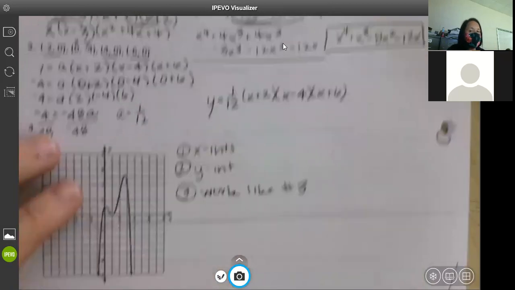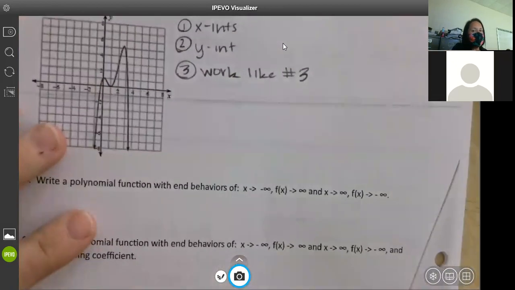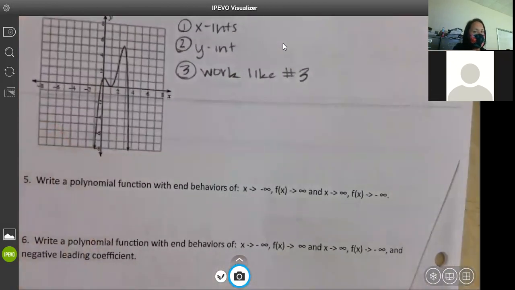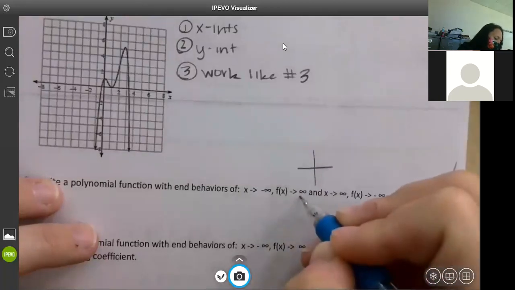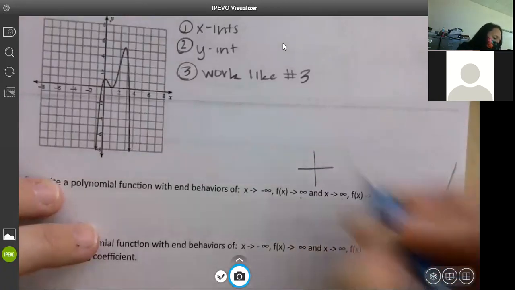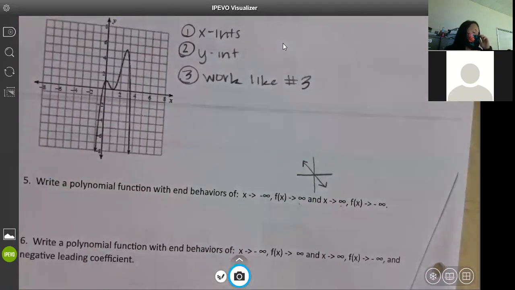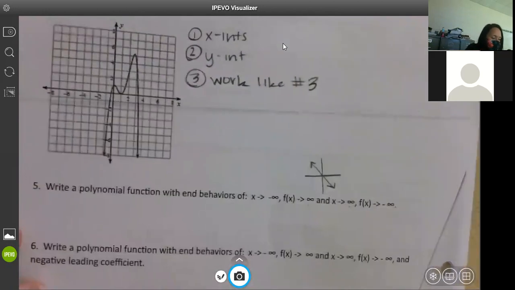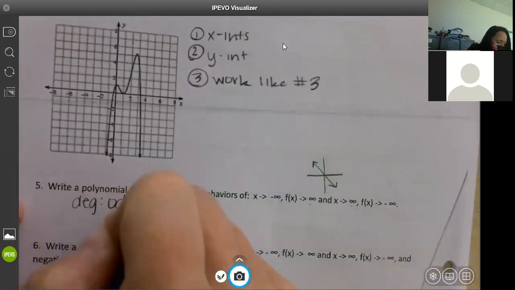All right, it says write a polynomial function. This is where I could have multiple answers. Where the end behavior on the left, so if we sketch it, on the left is going to positive, and on the right is going to negative. So what does it have to look like? What's the degree have to be? And the leading coefficient?